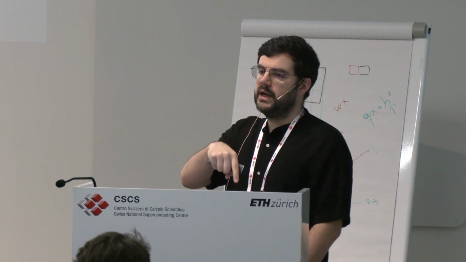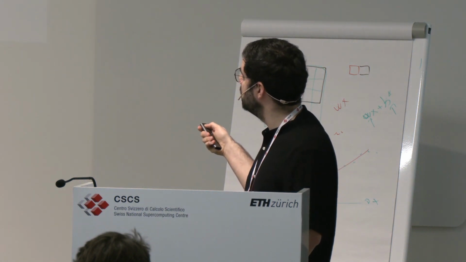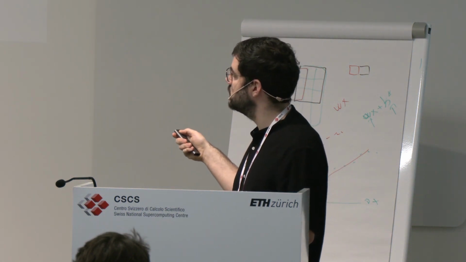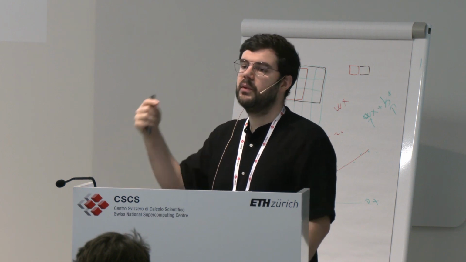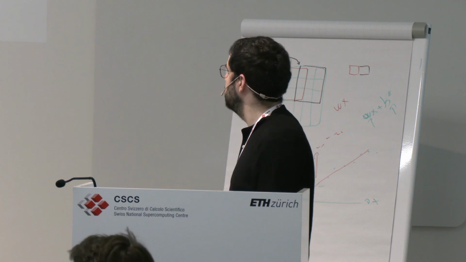And this is one of the layers that changes behavior when you do training or when you do inference. During training, you will zero some elements of the input, but when you do inference, you don't. You just use the model as it is.